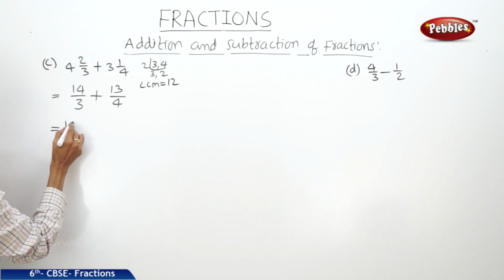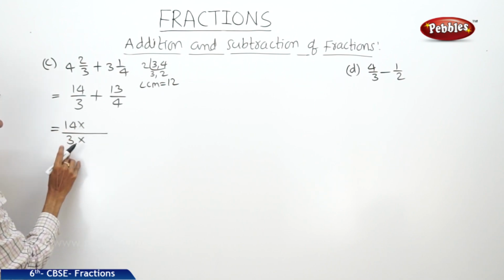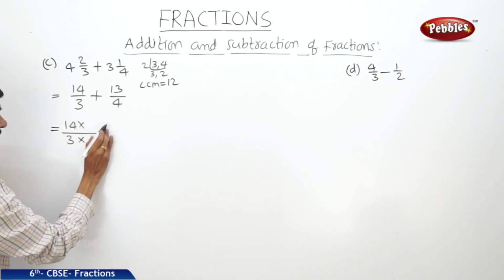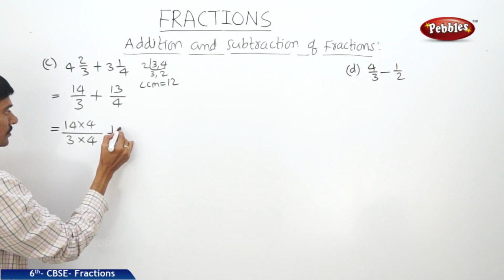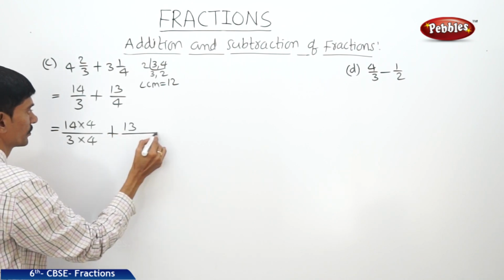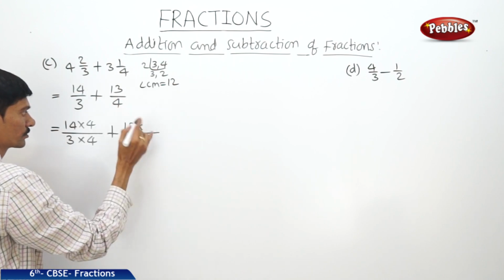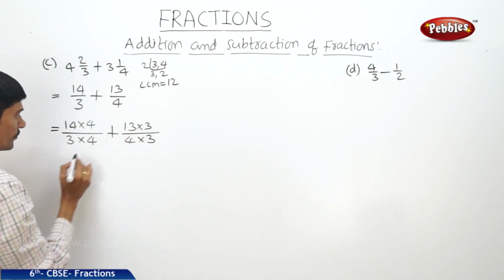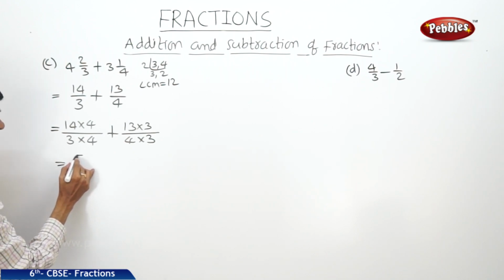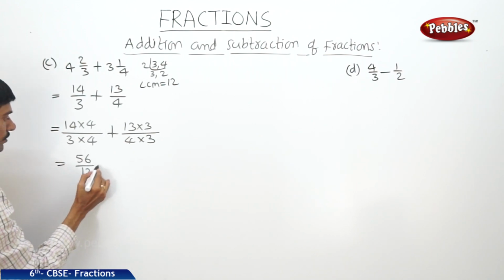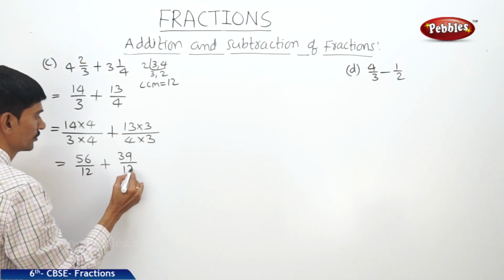So for 14 by 3, 3 4s are 12, so we multiply both numerator and denominator by 4, plus 13 by 4. Here 4 3s are 12, so 3 by 3. 14 4s are 56 by 12 plus 13 3s are 39 by 12.